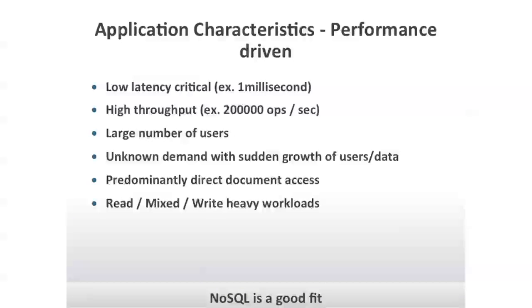So we looked at the data-driven requirements. Now let's look at some of the performance-driven requirements. Some of the customers of Couchbase, for example, ad targeting is one of the use cases. We support AOL and MediaMind as customers. They have a response time requirement of 1 to 2 milliseconds, for the entire call from when you make a call to when you get a response back.